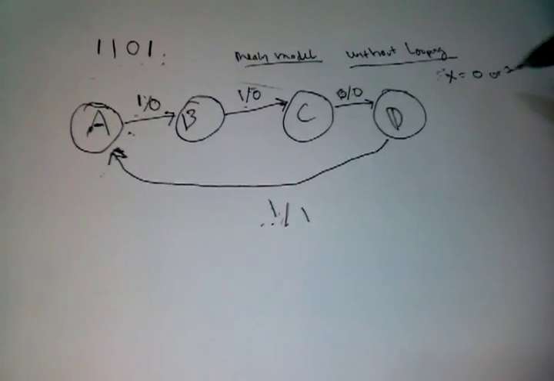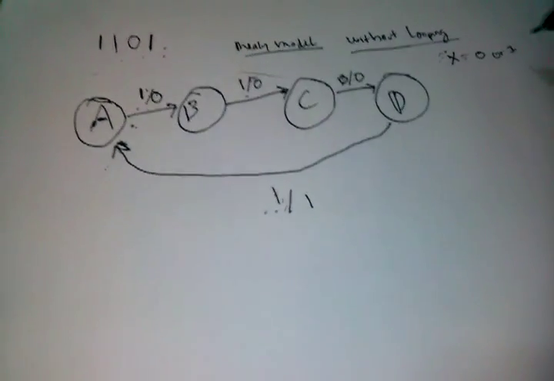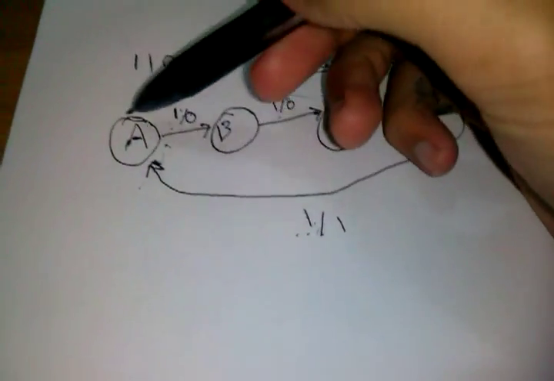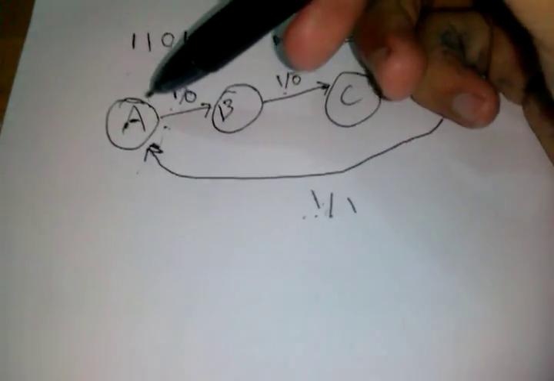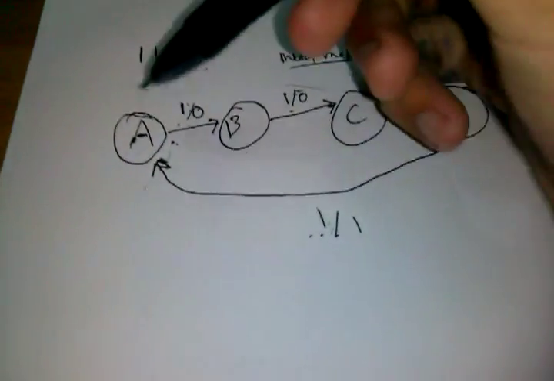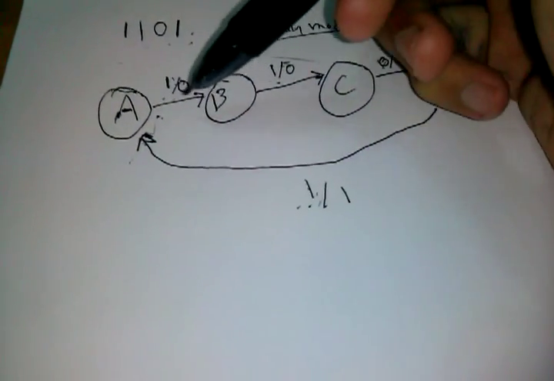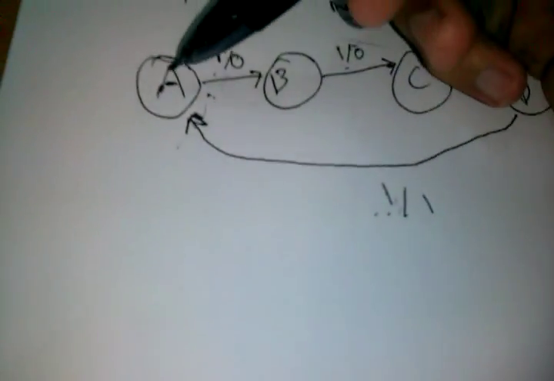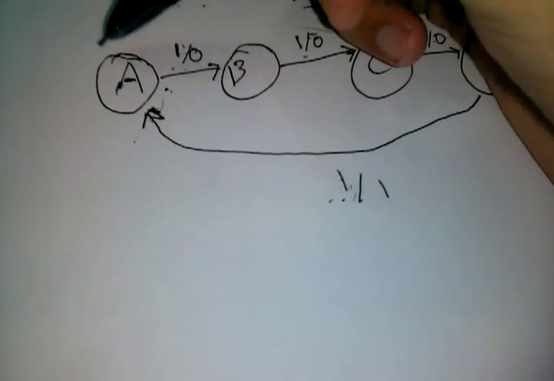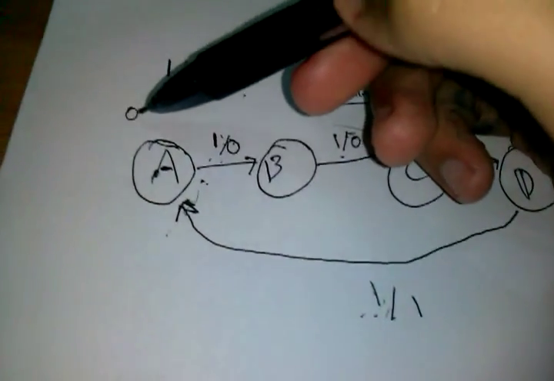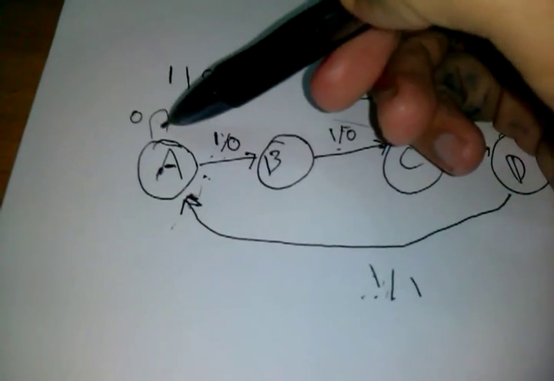This means the state diagram has two inputs. There is only one arrow going out from state A, so we need one more to complete this state diagram for state A. If we get 0 at A, it will loop back here again.